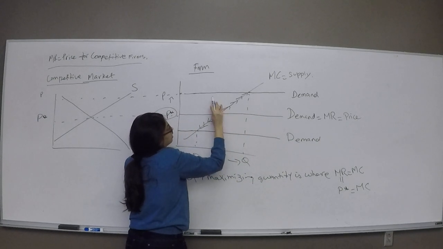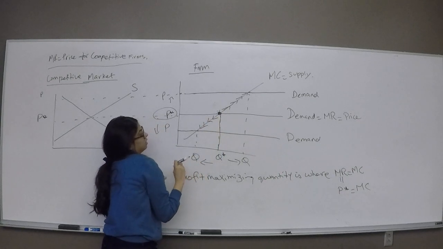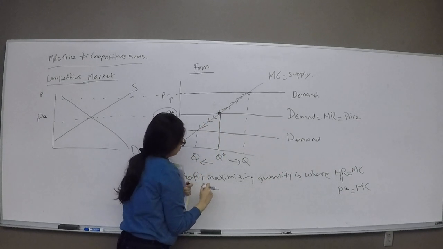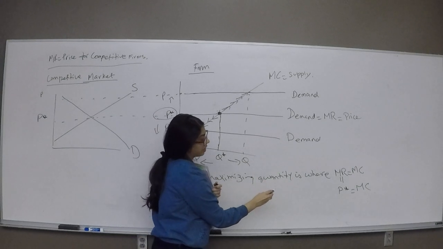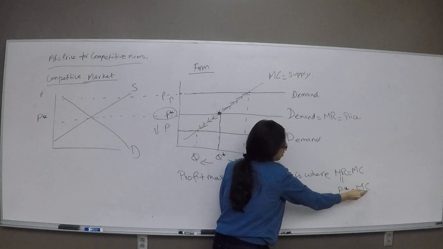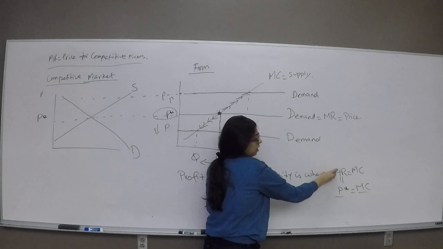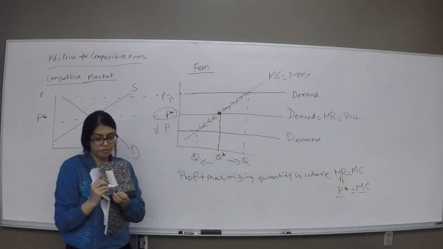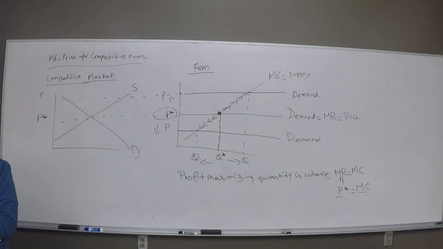So profit maximizing quantity is wherever marginal revenue is equal to marginal cost or wherever price is equal to marginal cost. Why? Because price and marginal revenue are equal, right? So for a competitive firm, the profit maximizing quantity is wherever marginal revenue is equal to marginal cost.